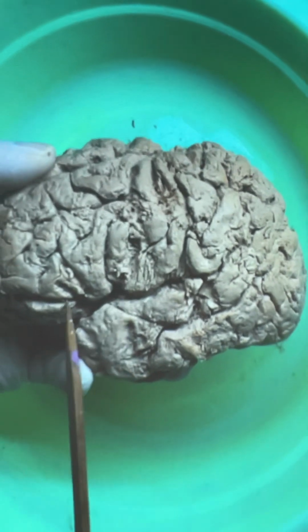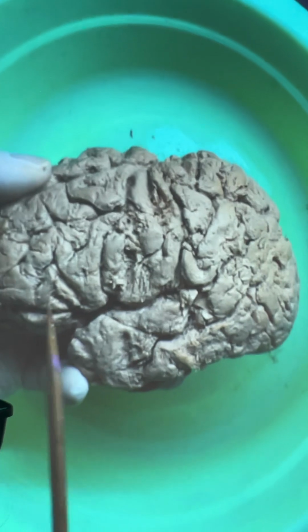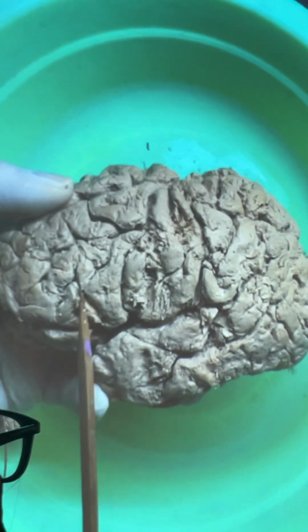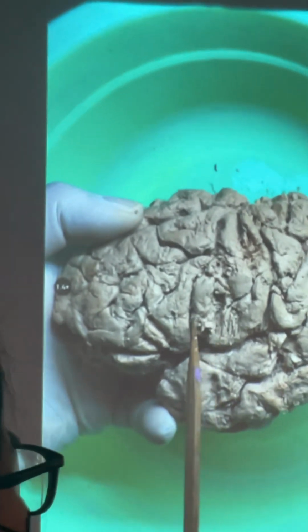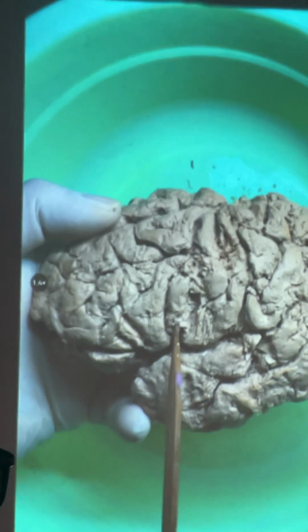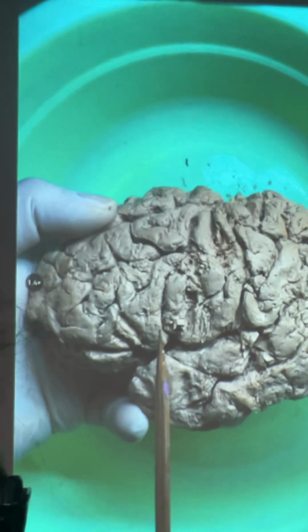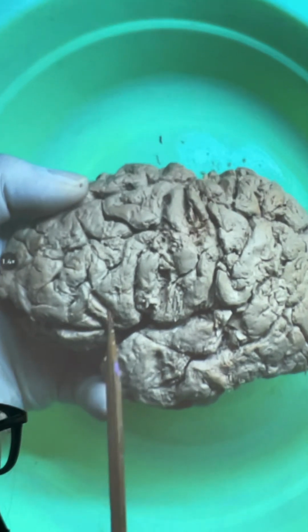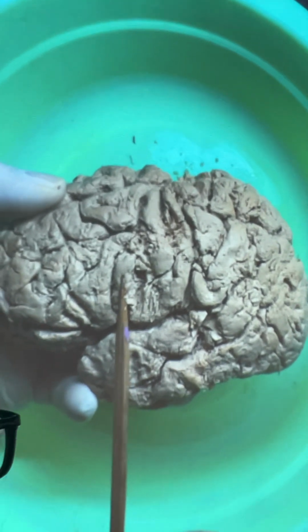Yes. So this is pars orbitalis, that's O. This is triangularis, so it's T. And this one is opercularis, so it's P. So it's OTP. O, T, and P. Orbitalis, triangularis, and opercularis.